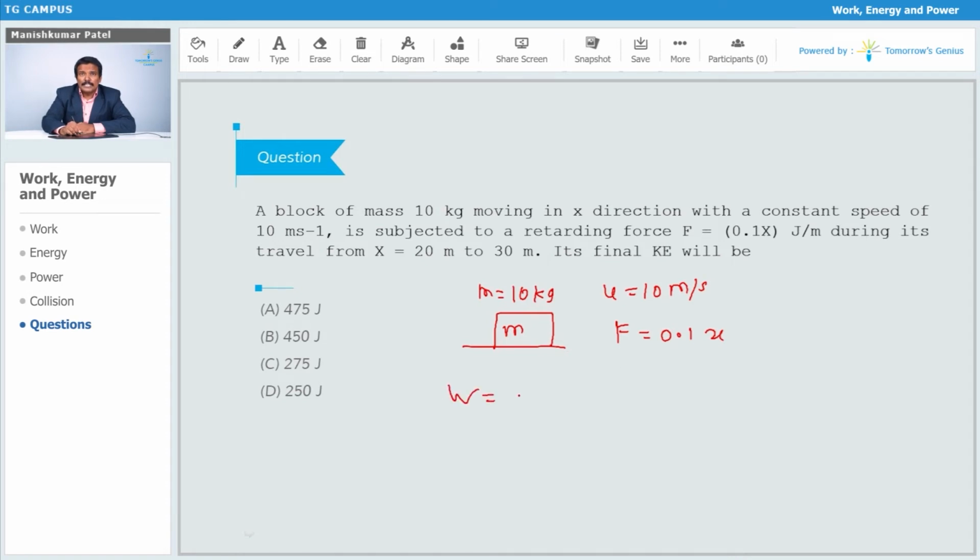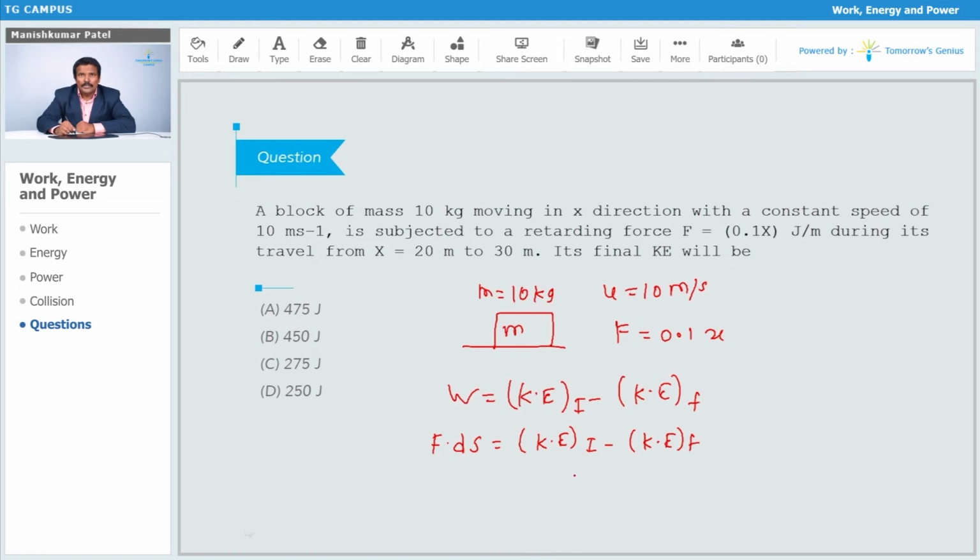Work done is nothing but the change in kinetic energy: initial kinetic energy minus final kinetic energy. What you have to find out over here is the final kinetic energy. From this particular case, work done is nothing but force into displacement. This is your initial kinetic energy, and you have to find the final kinetic energy.